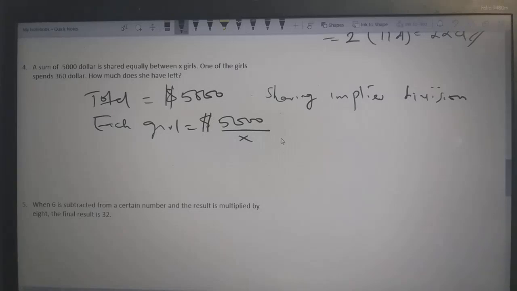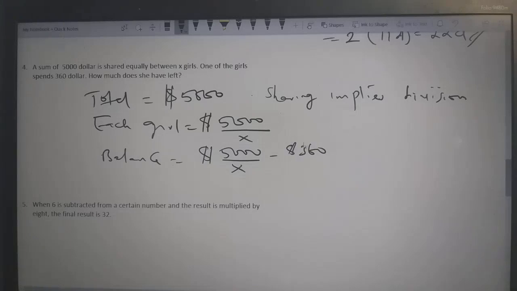They now say one of the girls spends $360 out of her money. How much does she have left? So the balance of that money will be equals to 5,000 over x minus 360.